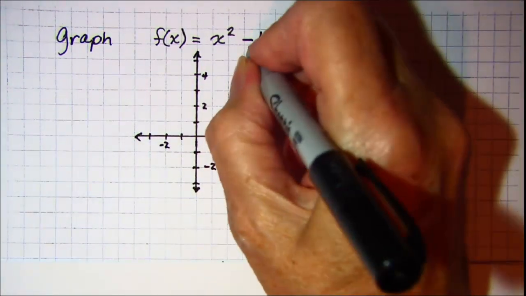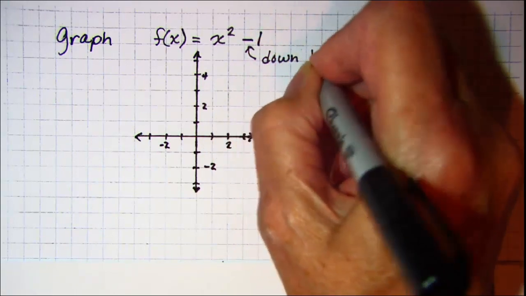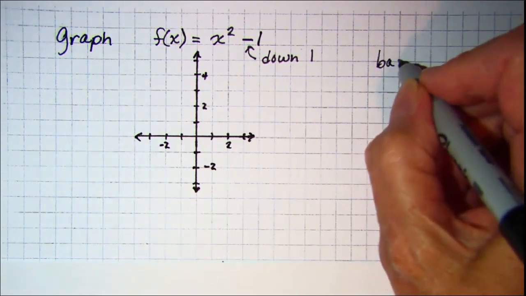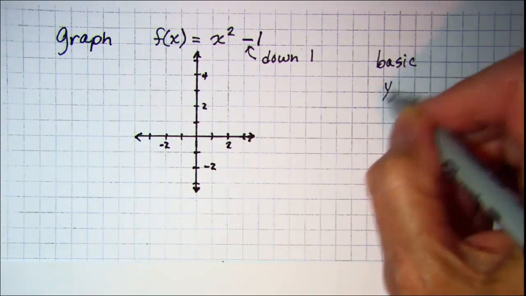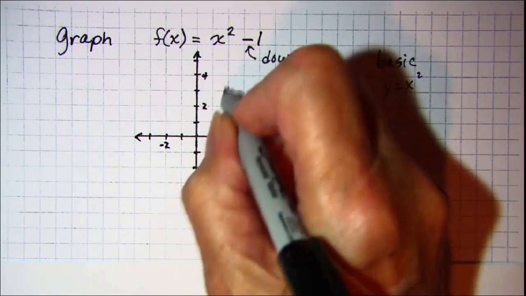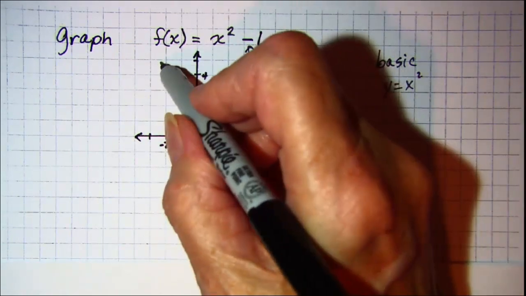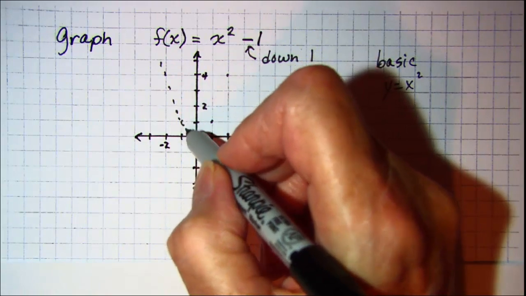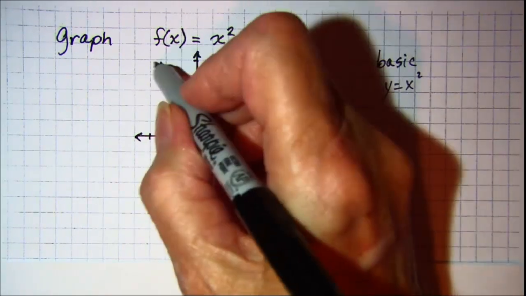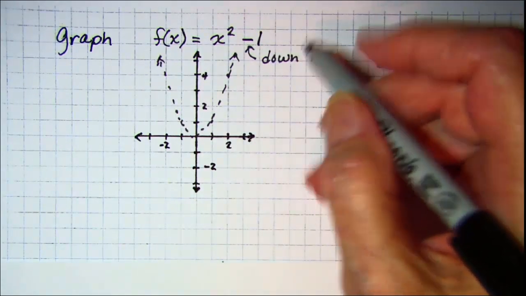For this one, we're going to go down 1. And the basic graph is y equal x squared. Put that in with the dotted line. So now we need to move every y value down 1.